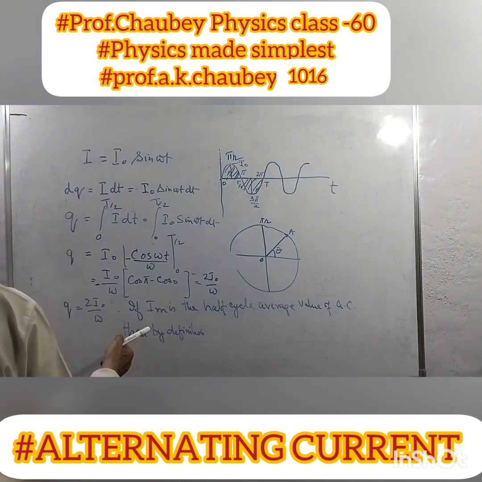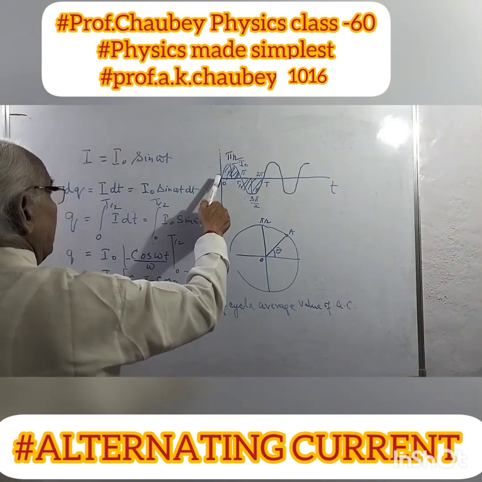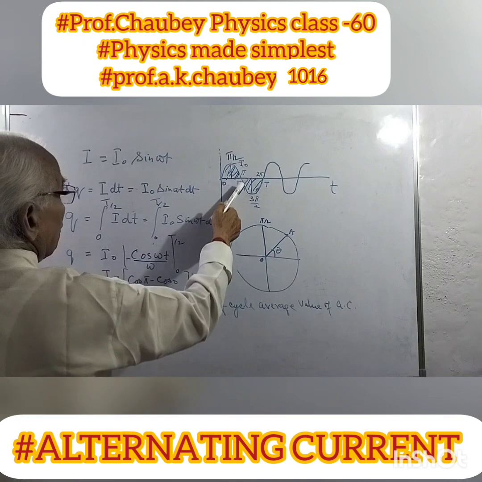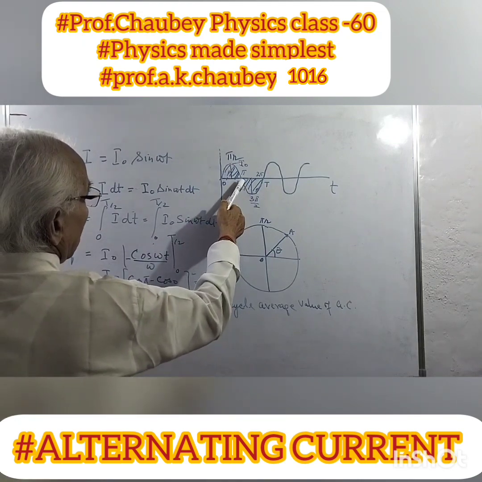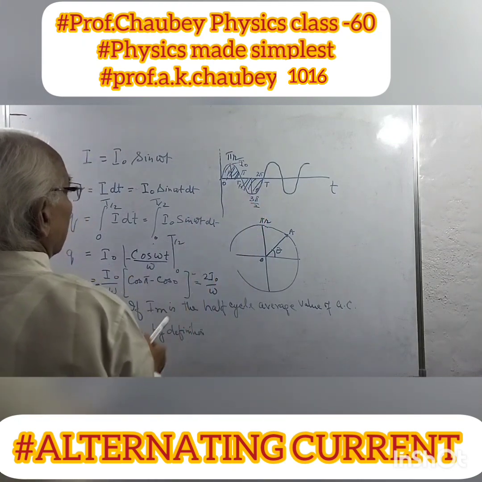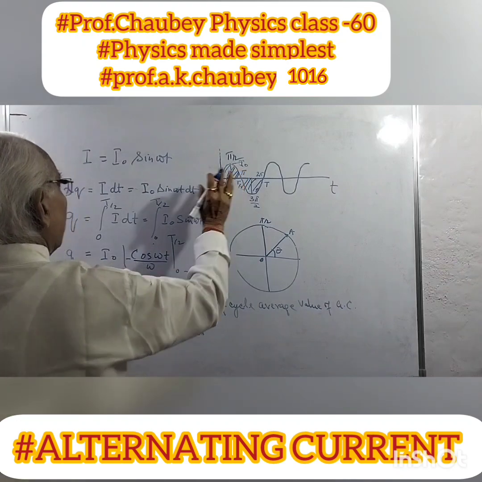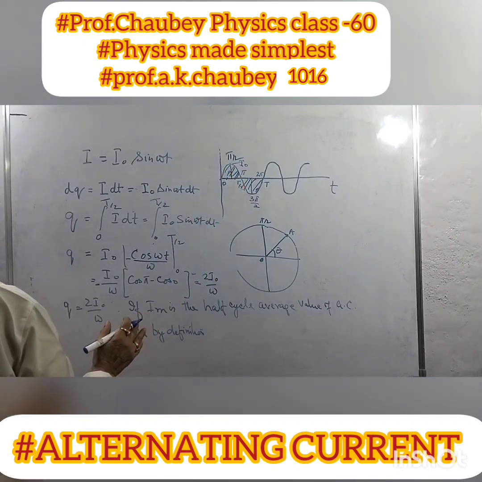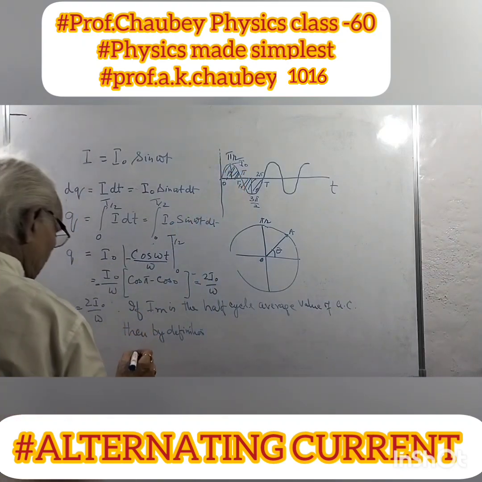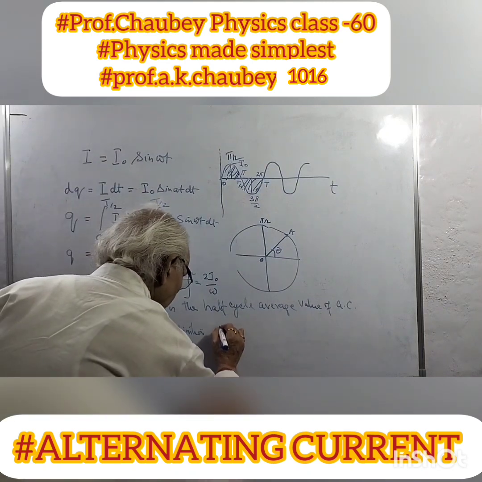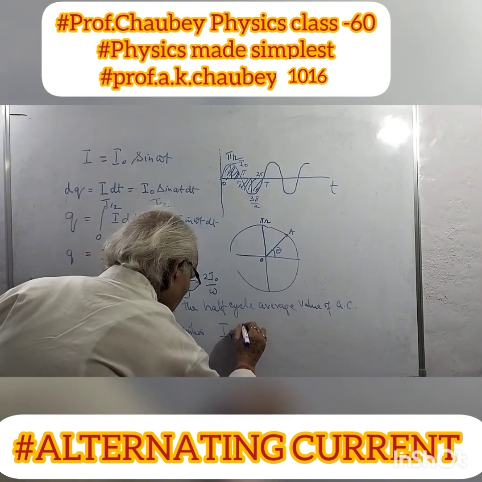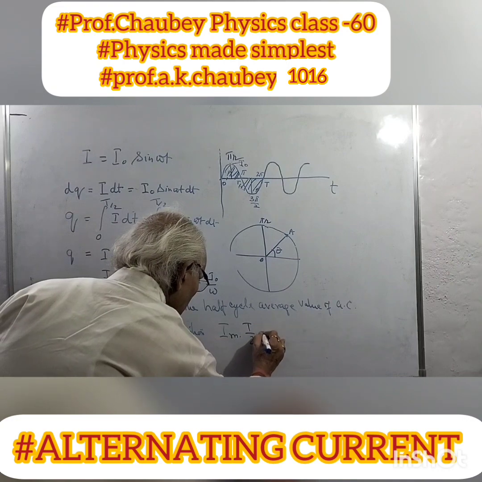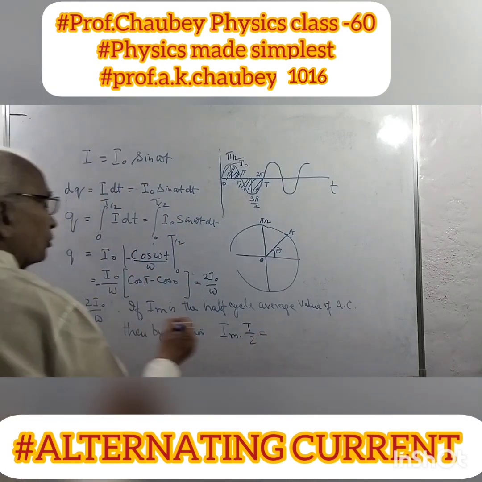So Im into T by 2 for the half cycle, for time T by 2. This means from here to here, and then the full time is T. So for the half cycle, in T by 2, Im times T by 2 is equal to 2 I naught over omega.